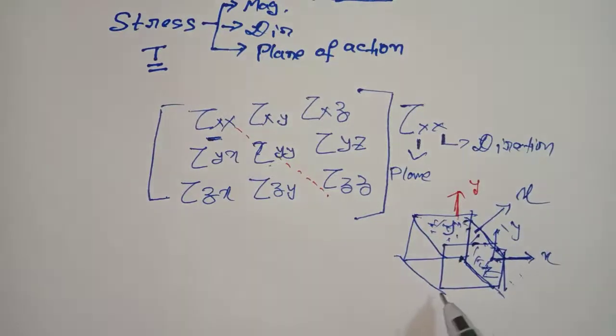If I take zz, say this part, we also have x, y and z. Tau zz means the stress is happening in the z direction in the z plane.